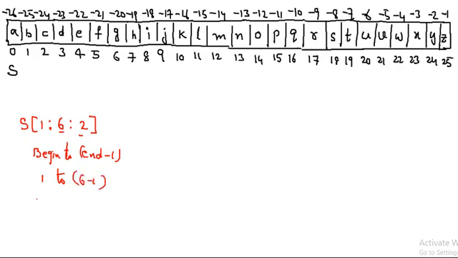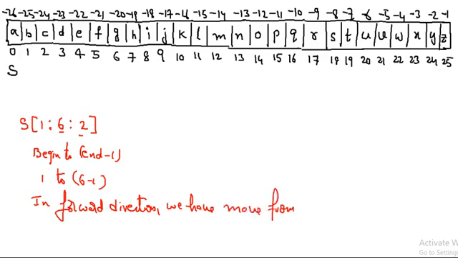That means in the forward direction, we have to move from index 1 to 5. The values at these locations will be printed.